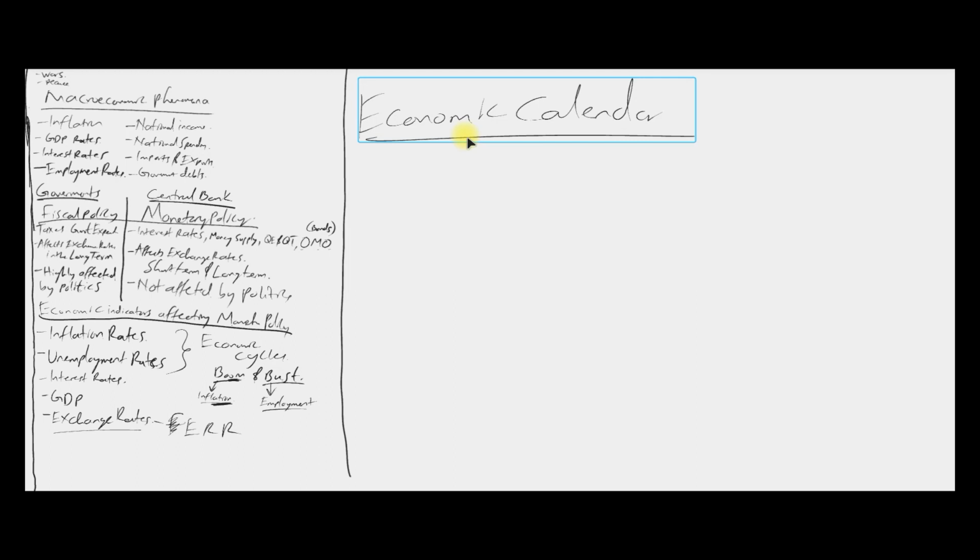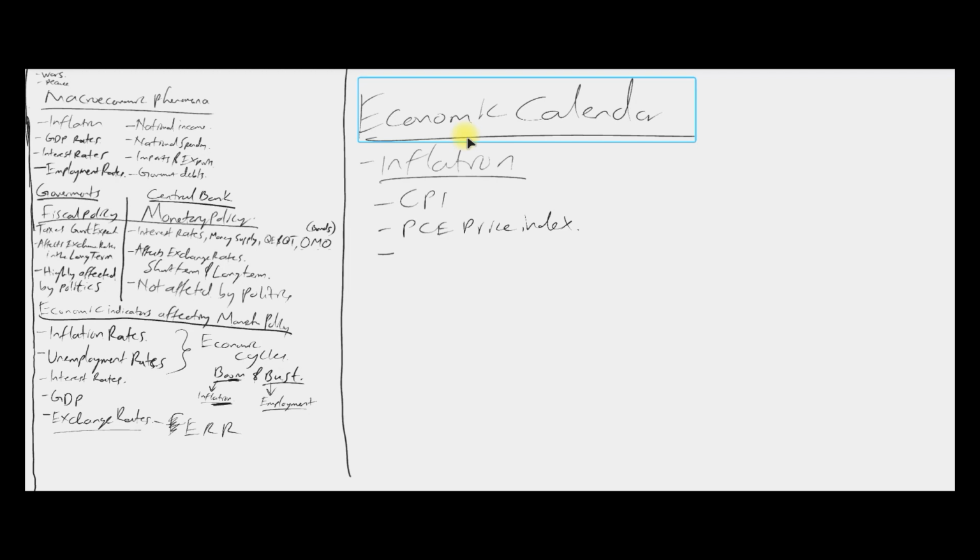These major releases have different names. For inflation, let's talk about the US for now. We have the CPI as a measure of inflation. We have the PCE price index as another measure of inflation.